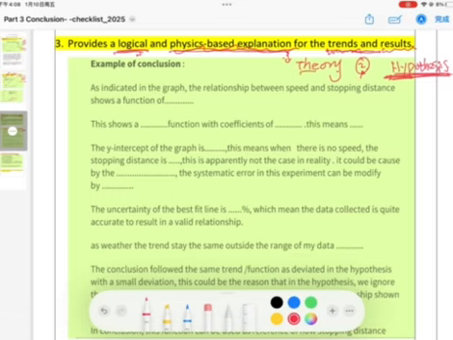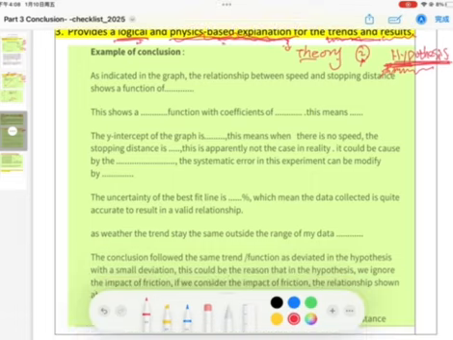If you have not done this in the hypothesis, in the introduction or background, then you could also do it here in the conclusion part. This is not a typical example. This is just a kind of pattern that I created for you to follow.